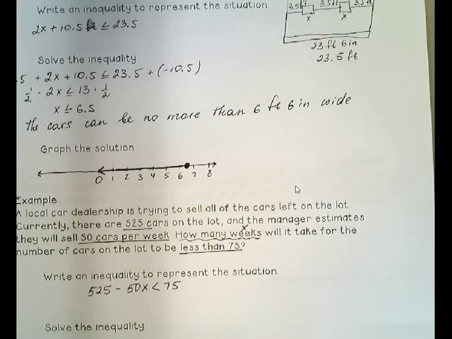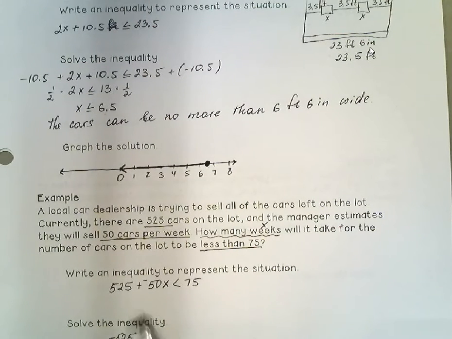Okay, so now I need to solve it. First of all, I need to make sure that I have plus negative here, and then I will add the opposite or additive inverse. So negative 525 plus 525 plus negative 50x has to be less than 75 plus negative 525.